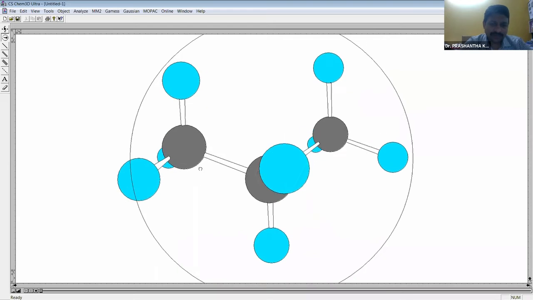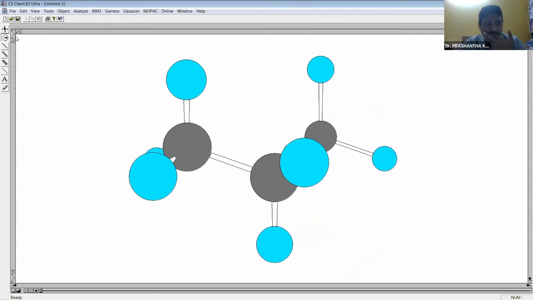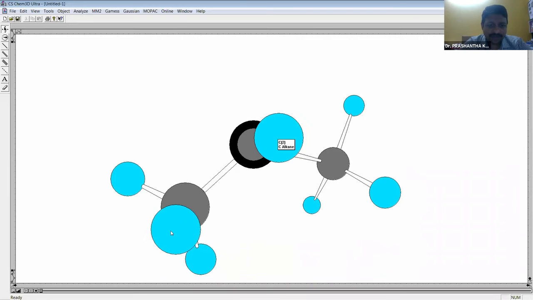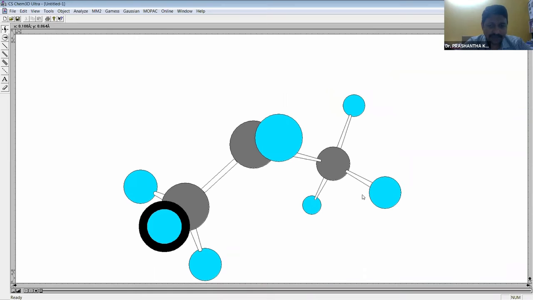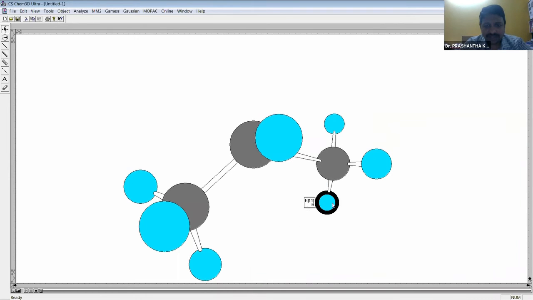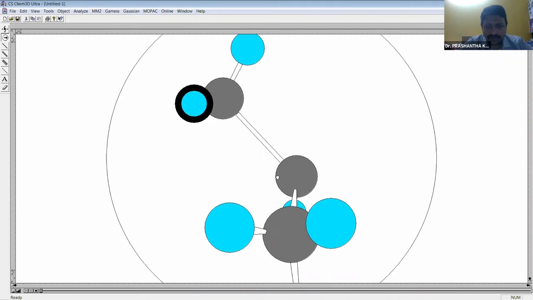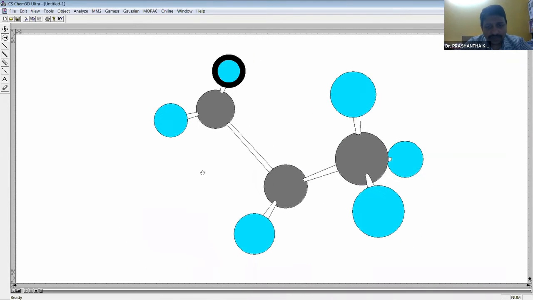Let us assume that when we have a macromolecule and do some processing, we made a mistake by placing the atoms in a wrong orientation. This we placed here, this here, this here. I made too many mistakes just for you to see the changes that will happen in the structure.